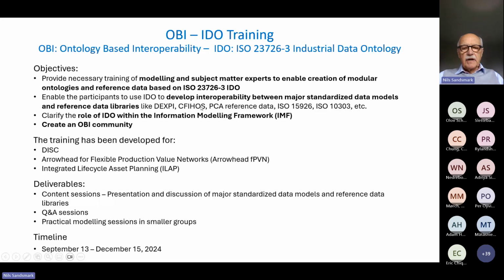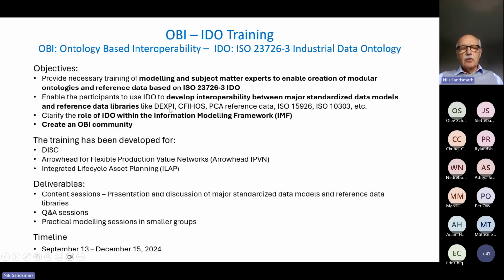I said about the objectives: enable modeling and subject matter experts to create modular ontologies and reference data based on an IDO. The goal is also to develop interoperability between major standardized data models and reference data libraries.